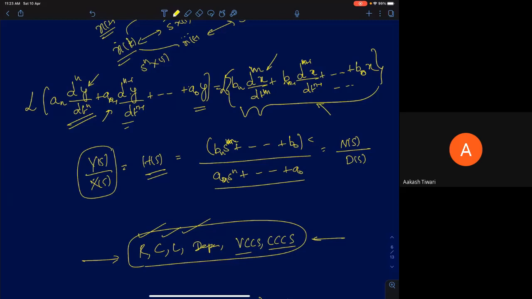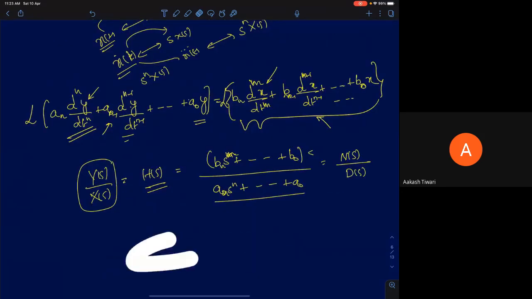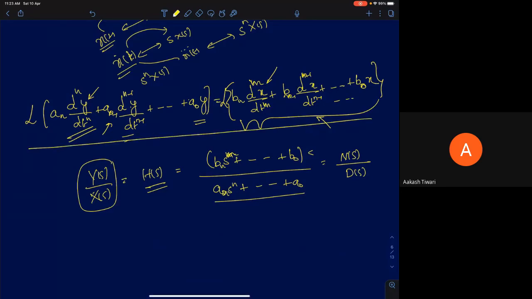It helps in solving differential equations in a very simple manner. So how do we compute the transfer function for any system, if you know the linear differential equation which is characterizing the system? Okay, so I'll just answer a question first.